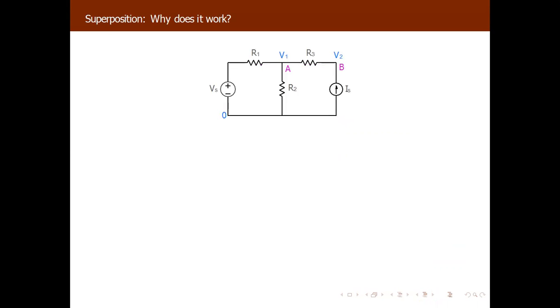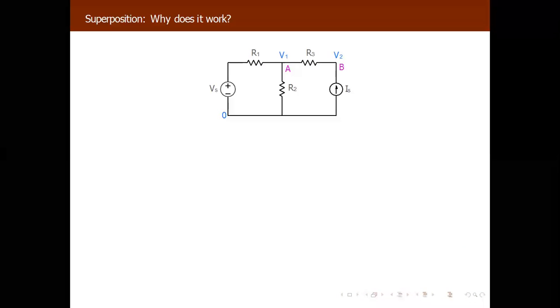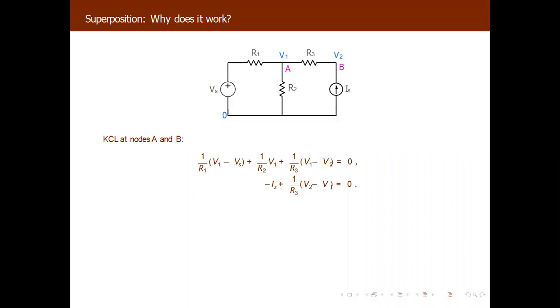If we are having this circuit, why does it work? Why can we apply superposition here? If you can see here, if we are having this circuit, we can apply KCL.